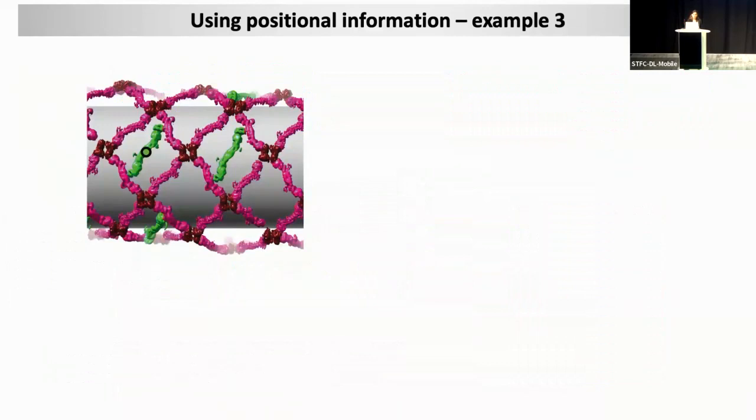And this is the example. In our outer coat, for example, we found that these green particles are in this geometrical relationship compared to the vertices of these cages in red.